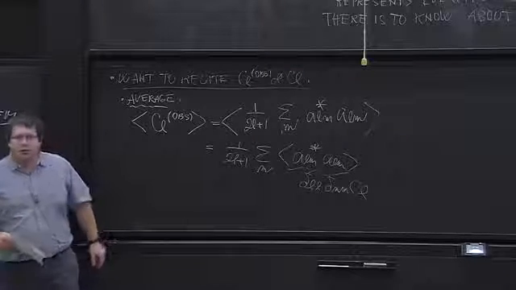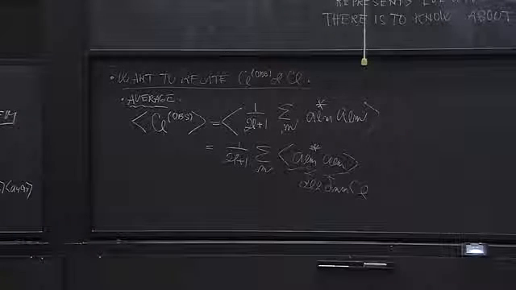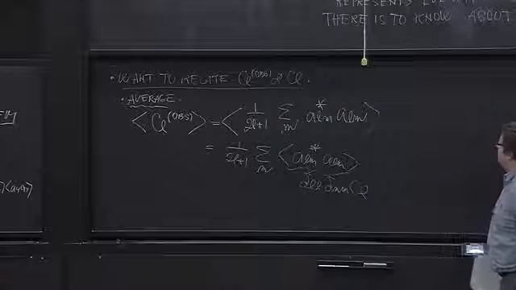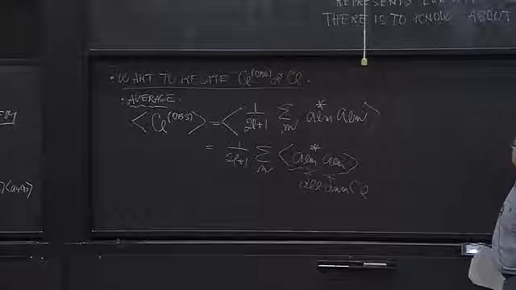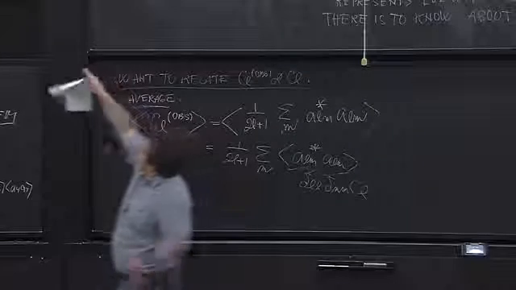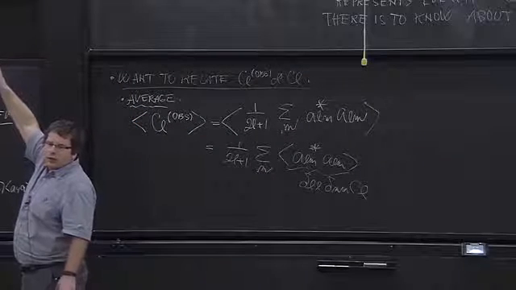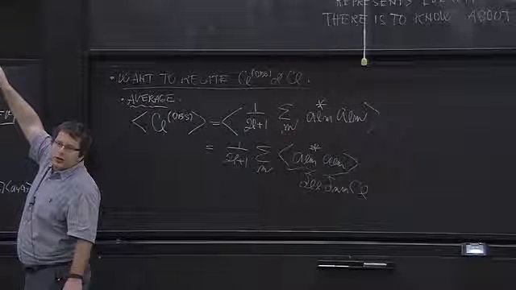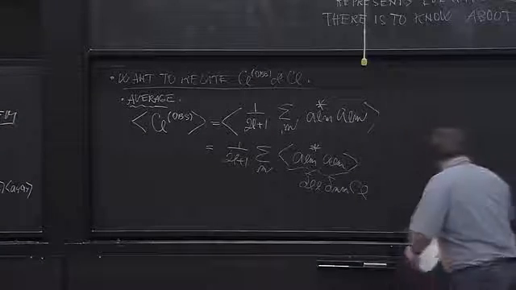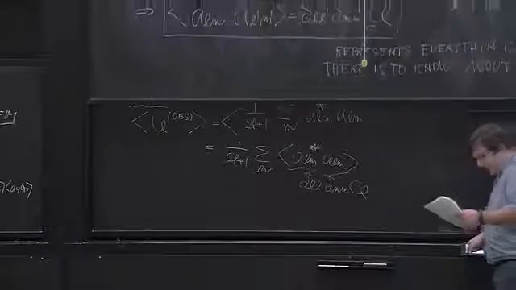What is a minus 1? No, but that thing is the absolute value square. So it already has ALM star. Yeah, but you want to use the relation of the expectation value of A. Oh, so thank you so much for telling me.